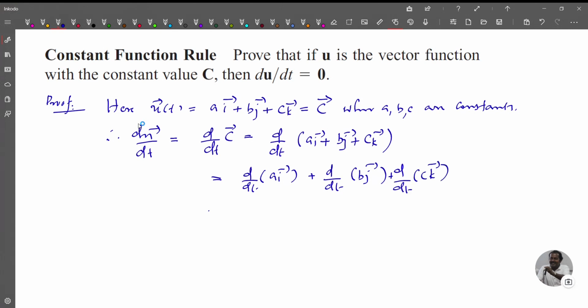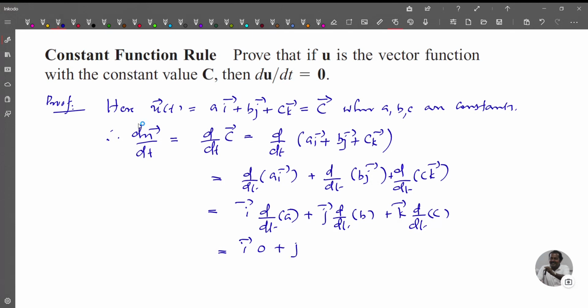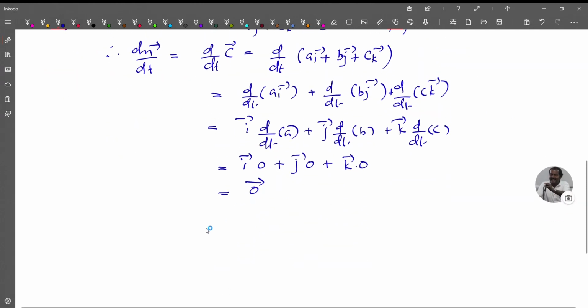So this is equal to i times d by dt of a plus j times d by dt of b plus k times d by dt of c. So this is equal to i times 0 plus j times 0 plus k times 0. So this is the vector 0. That is, d by dt of the constant function c is equal to vector 0.